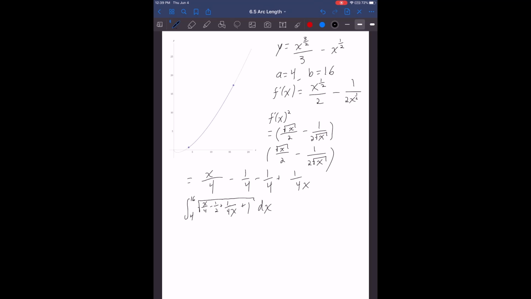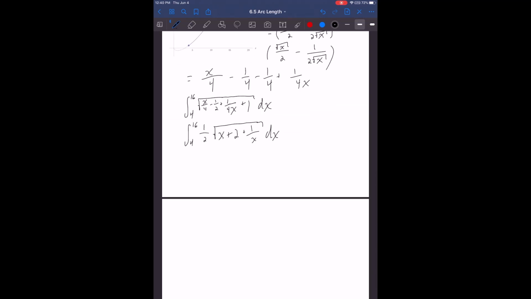So if we simplify this, we can pull a 1 over 4 out of everything, which is the same as multiplying by 1/2, because we're in a square root. So we have 4 to 16 of 1/2 square root of x. We have a positive 1/2 now. When we pull out the 1/4, that's going to leave us with 2. So x plus 2, and finally plus 1 over x.